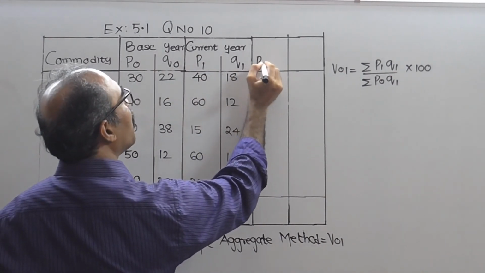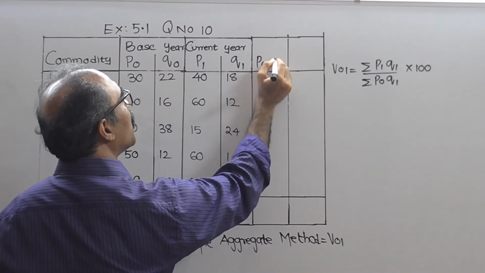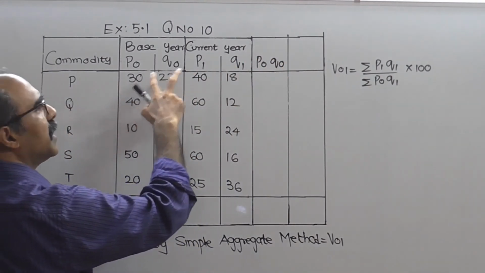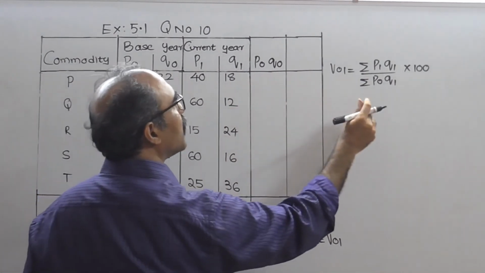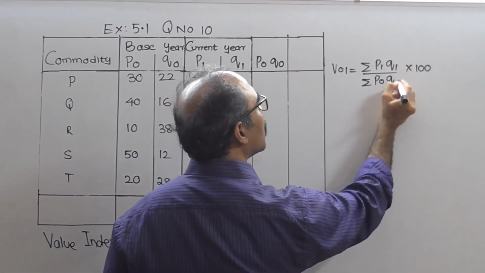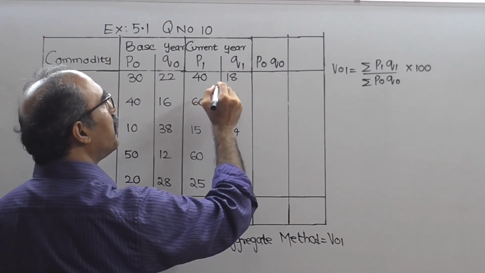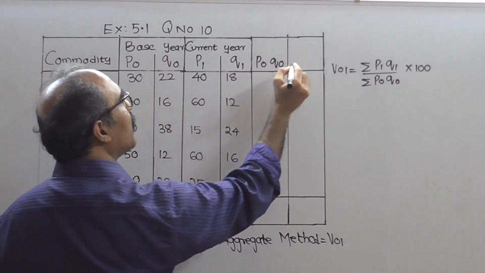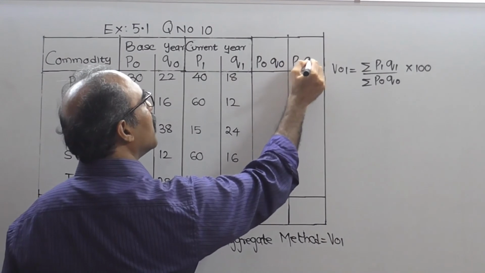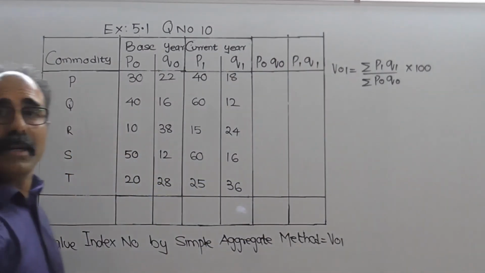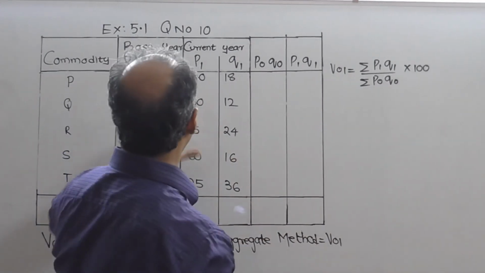If you want to find P0 Q0, you have to multiply P0 and Q0. If you have to find P1 Q1, you have to multiply P1 and Q1 column. Got it?